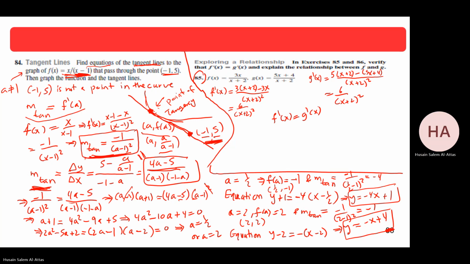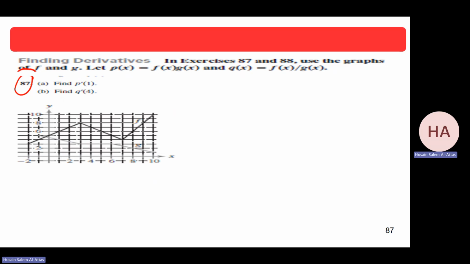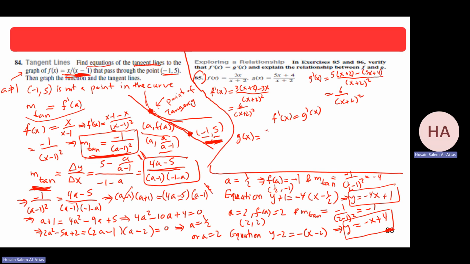Okay. Let me work with g of x. G of x is 5x plus 4 over x plus 2. I can write it 3x plus 2x plus 4 over x plus 2.